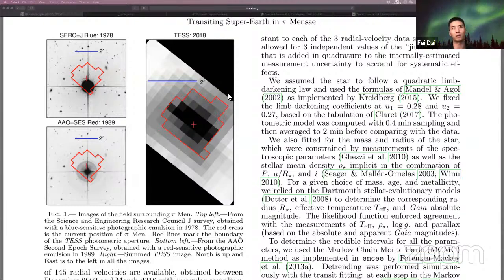So there's usually a compromise on the exact size of the aperture used. By the way, the aperture is just a set of pixels that you sum to represent the brightness of the whole star. And that is shown in the red silhouette in this figure.